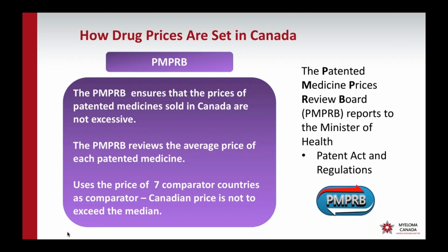Now, the 7 countries are interesting because you've got the US, the UK, Sweden, Switzerland, France, Germany, and Italy. So if you think about the US, where the prices are very high, that would increase the median price of the drug. And that's why we see a lot of high prices in Canada for drugs. And there are penalties for sponsors if they exceed the median price.